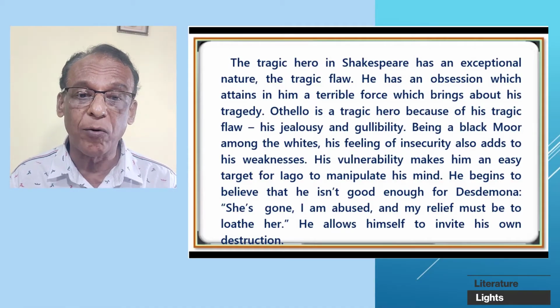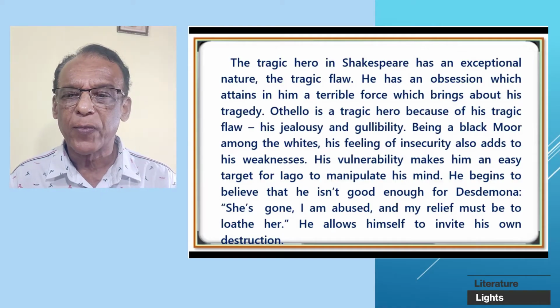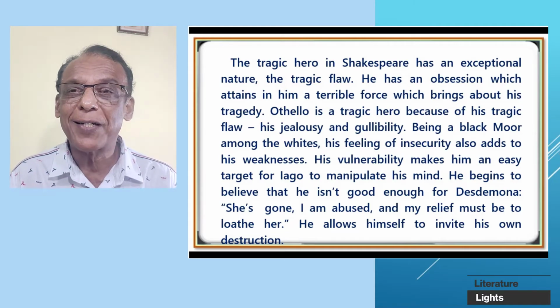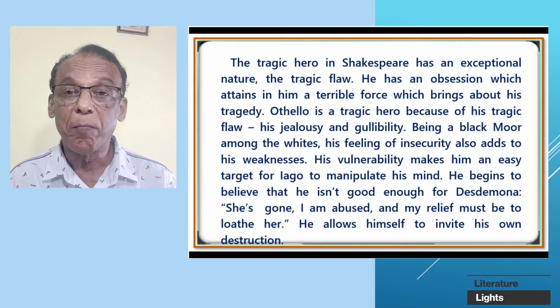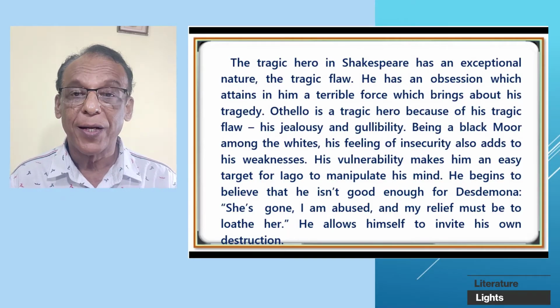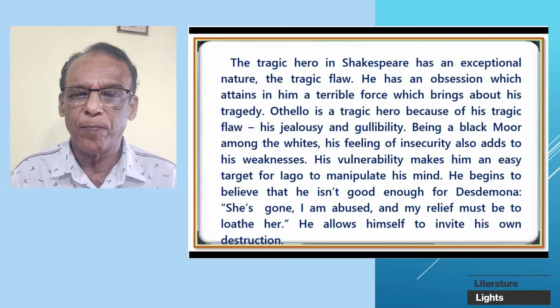Othello is a tragic hero because of his tragic flaw, which is his jealousy and his gullibility, his gullible nature. He very easily falls a prey to others' machinations. Being a black Moor among the whites, he feels that he's always insecure.